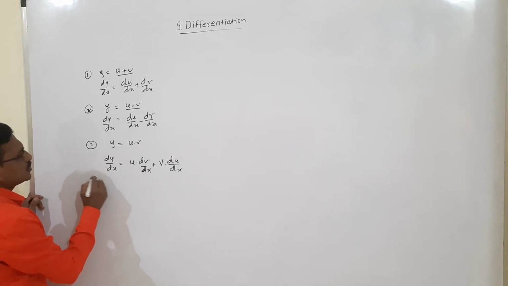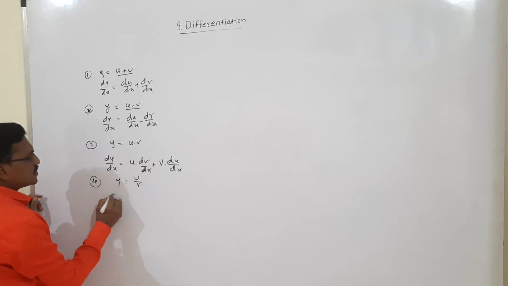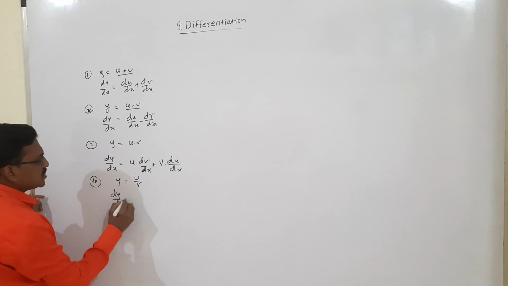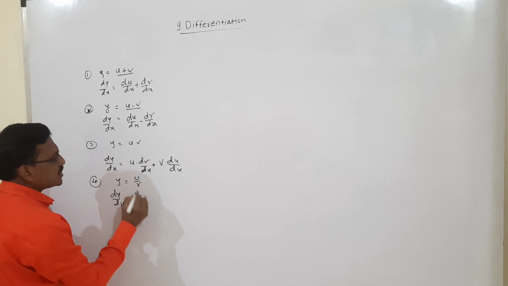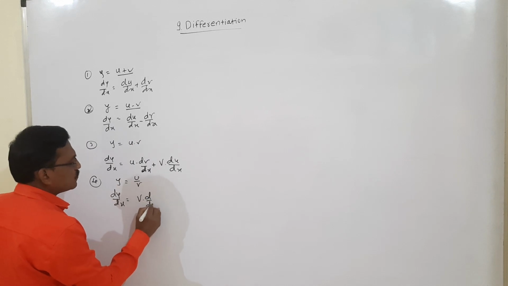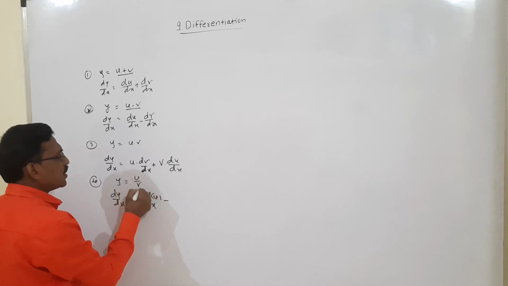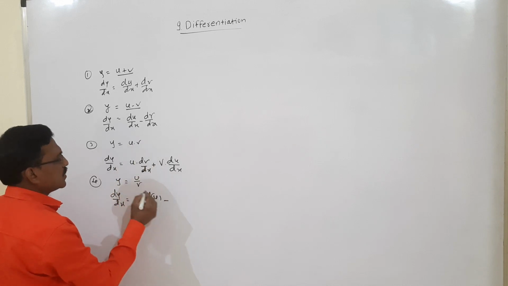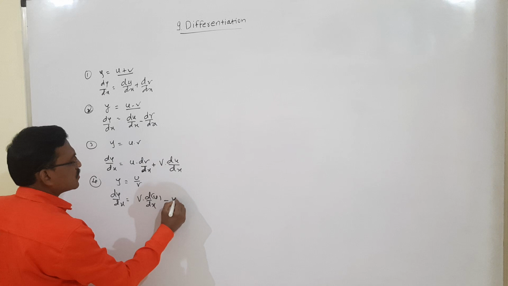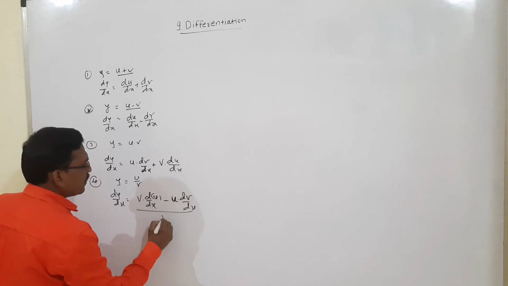And fourth, the derivative of a quotient, u by v. So its derivative dy by dx is equal to: take the v function as it is and differentiate the u function with respect to x, minus u as it is into the derivative of v with respect to x, the whole divided by v square.